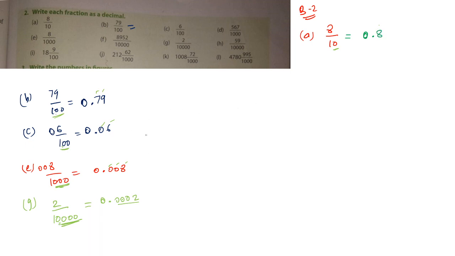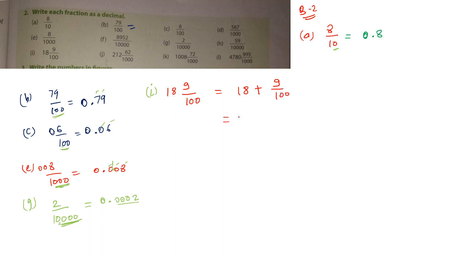Now part I. It says 18 whole 9 upon 100. So you will write 18 plus 9 upon 100.